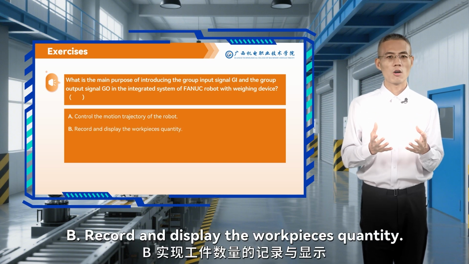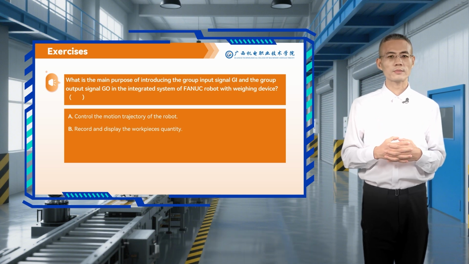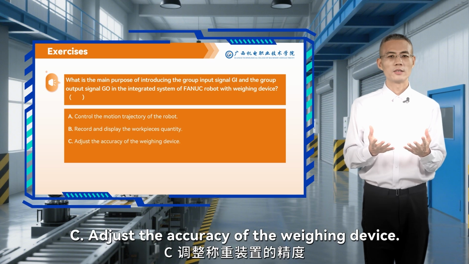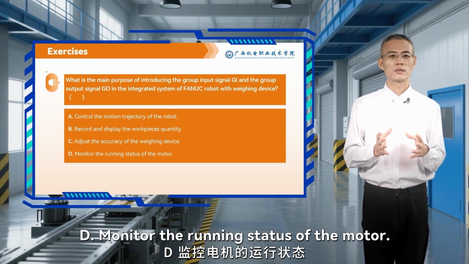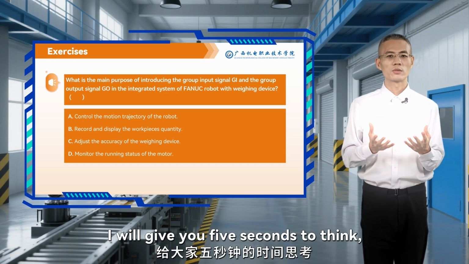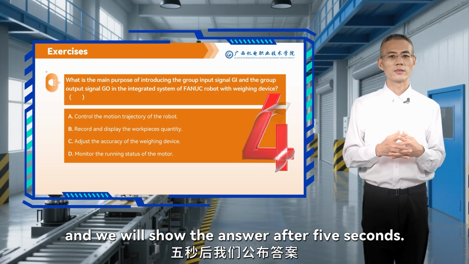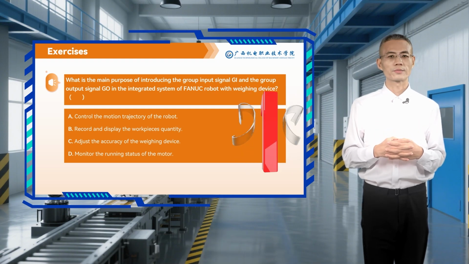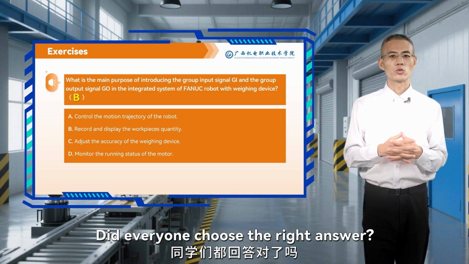B. Record and display the workpieces quantity. C. Adjust the accuracy of the device. D. Monitor the running status of the motor. I will give you 5 seconds to think, and will show the answer after 5 seconds. The answer to this question is B. Did everyone choose the right answer?